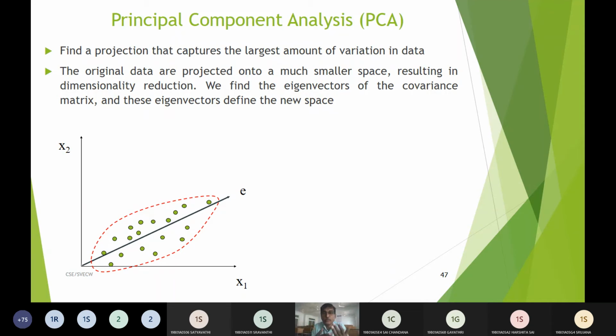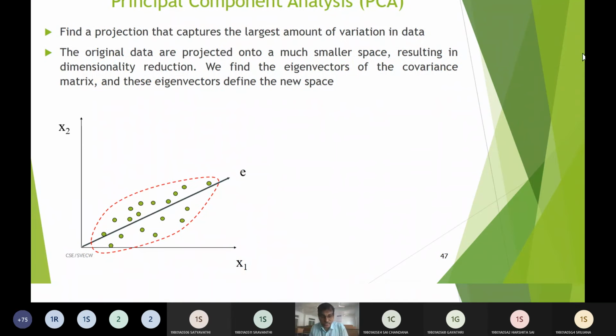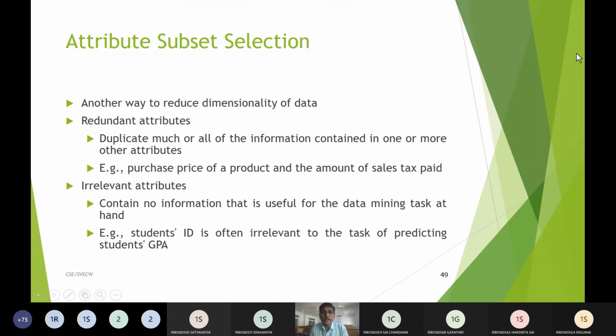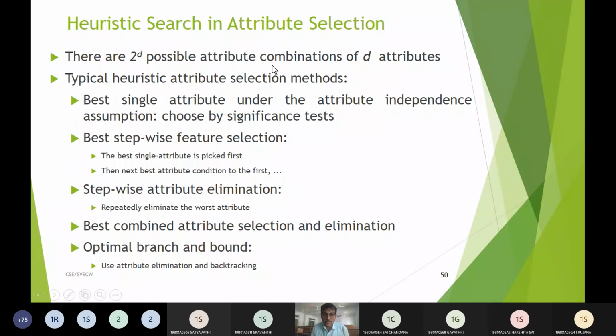In this way we make correlated values, and thereby we start with principal component analysis. Thereby we talked about dimensional reduction: terabytes of data occupy more space and more dimensions, which we reduce with attribute subset selection.